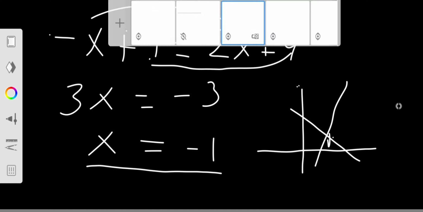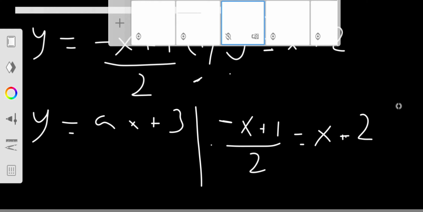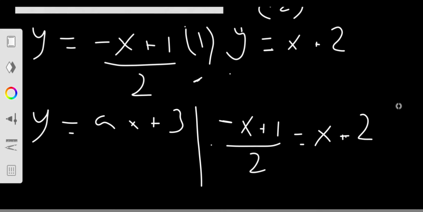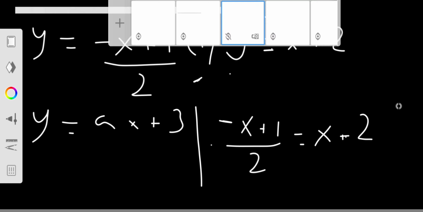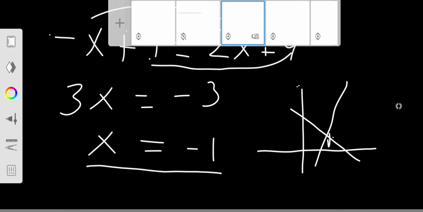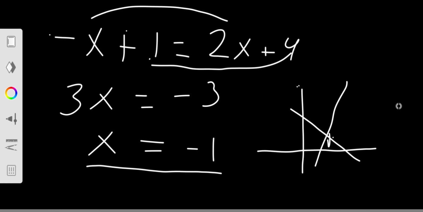Okay, so remember, we had that epsilon is equal to x plus 2. This was our epsilon. We know that epsilon is equal to x plus 2, but x is equal to minus 1, so minus 1 plus 2.